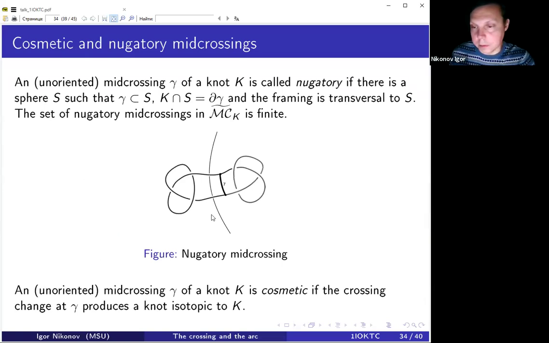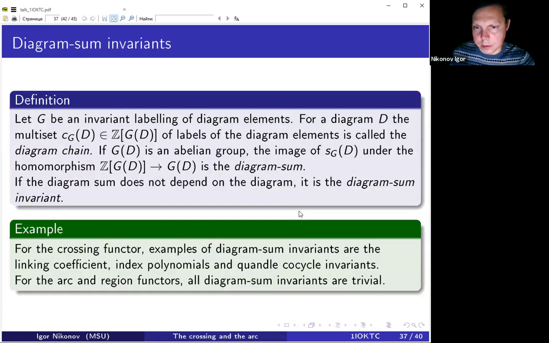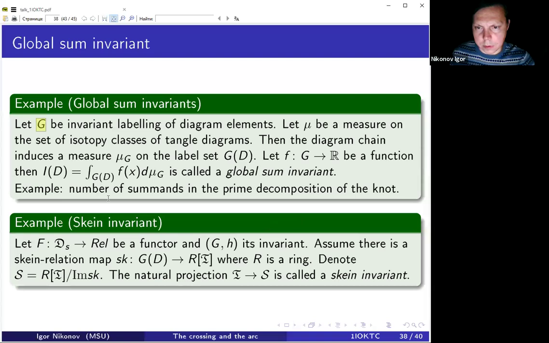Then we have a finite number of such mid-crossings, and if we assign the value one to this type of mid-crossing and zero to other mid-crossings and take the sum, we get the number of components in the prime decomposition of the knot. Take this invariant. And the third construction I will consider here is a skein invariant.